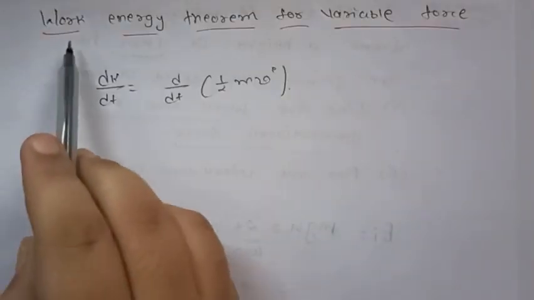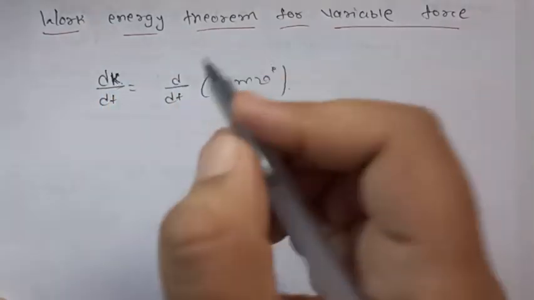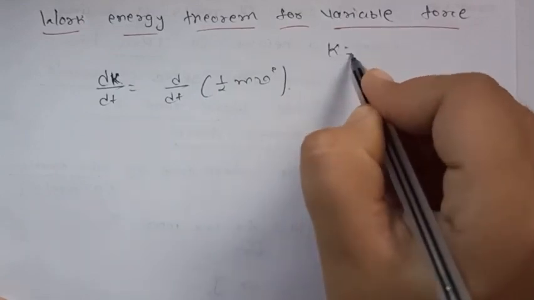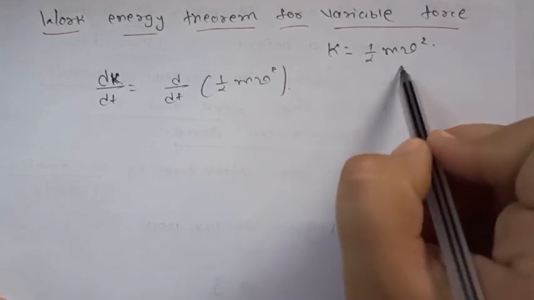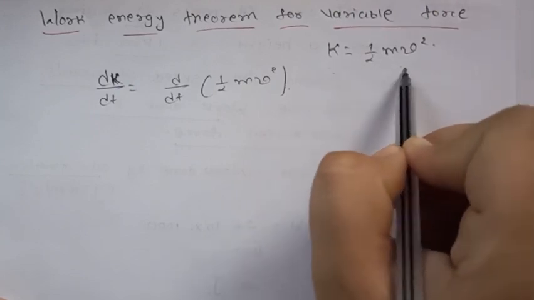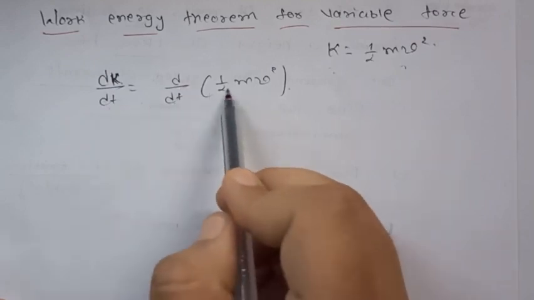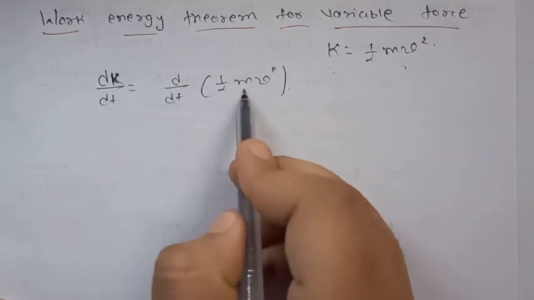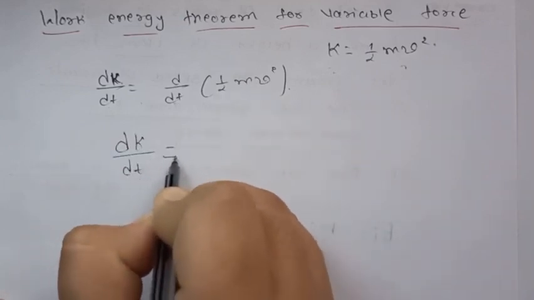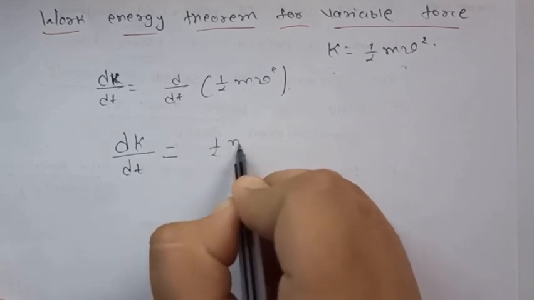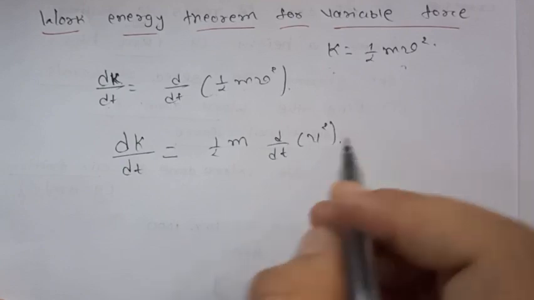Now let us see the work energy theorem for a variable force. The kinetic energy is given by half m v square. Differentiating both sides with respect to time, we will get dK by dt is equal to d by dt of half m v square. Here half and m are constant, so we can write dK by dt is equal to half m d by dt of v square.